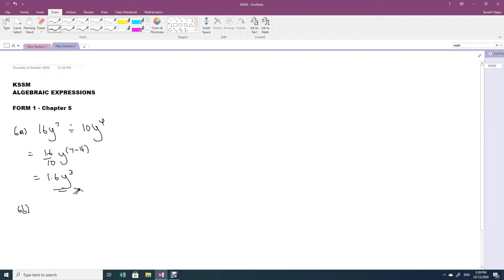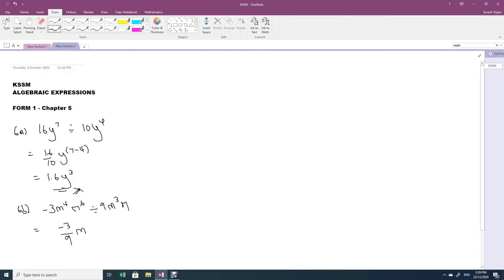So 6b will be negative 3m to the power of 4 and n to the power of 6 divided by 9m to the power of 3 and n. Next we do the division of the numbers.